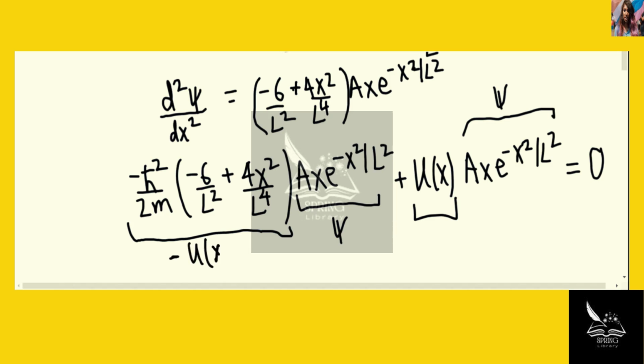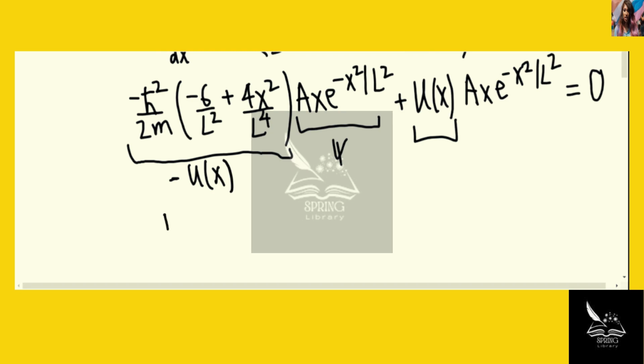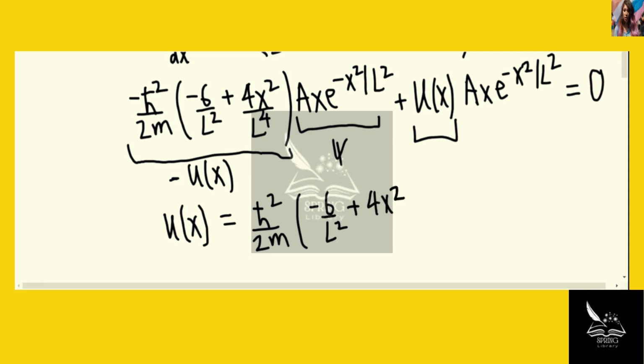So this is negative u of x in order to have cancellation and have 0 on the right-hand side. So that means that u of x is equal to h bar squared over 2m times negative 6 over L squared plus 4x squared over L to the fourth.